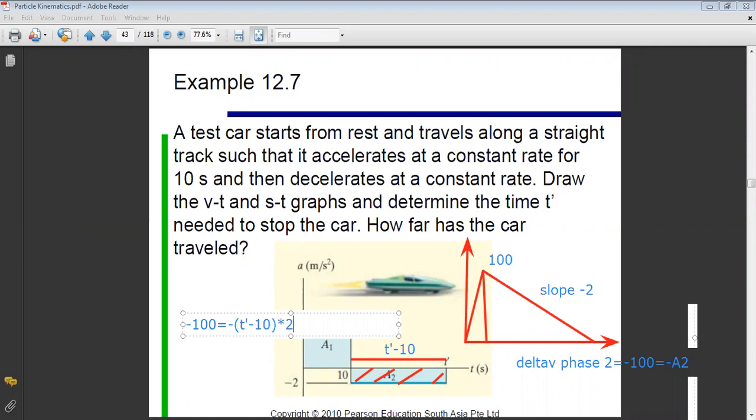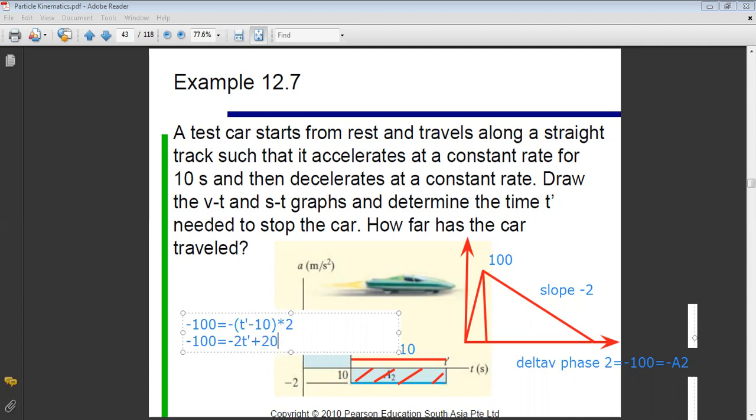Okay? So now if you solve this equation, you get that minus 100 is equal to minus 2t prime plus 20. So I have minus minus, yes, so plus 20.